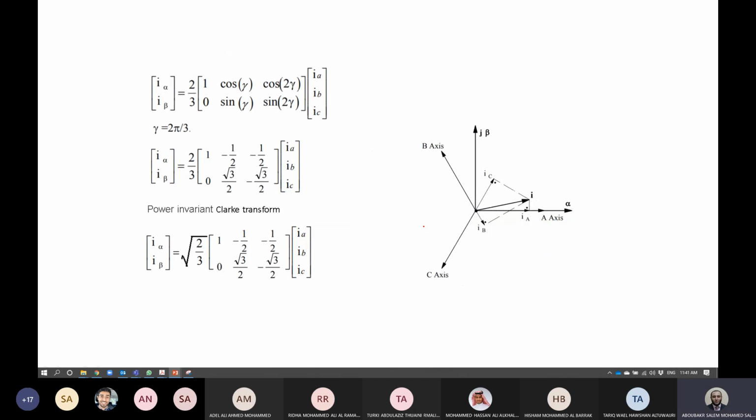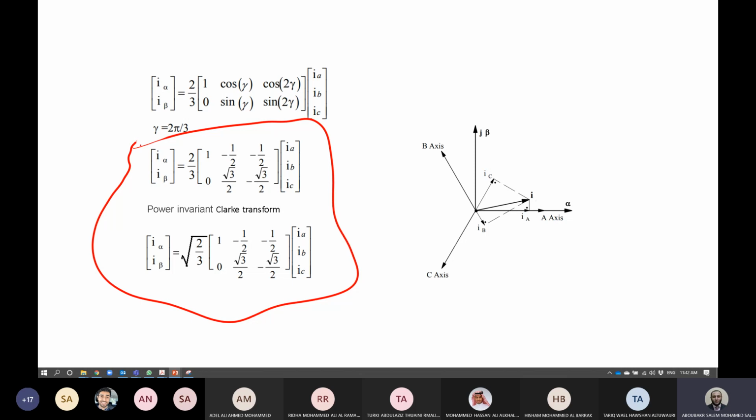So this can be implemented, guys, using some mathematical equations. This is called the Clarke transformation, which converts ABC to alpha beta. It is just a mathematical representation to project the 3 phases onto the alpha beta frame. Of course, gamma here will be the angle of 120 degrees. So finally, when you substitute here, you will find that we have 2 different forms of the transformation.